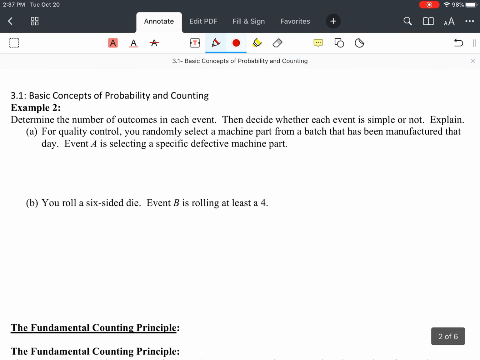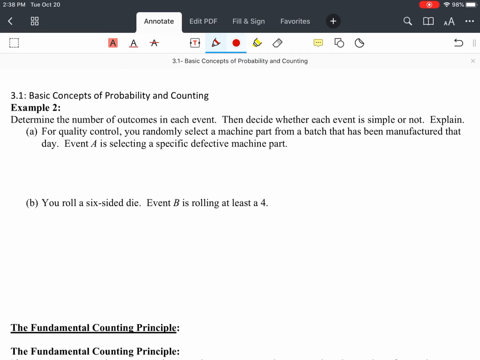All right, so let's look at this next example. It says, determine the number of outcomes in each event, then decide whether each event is simple or not, and then explain. For quality control, you randomly select a machine part from a batch that has been manufactured that day. Event A is selecting a specific defective machine part.